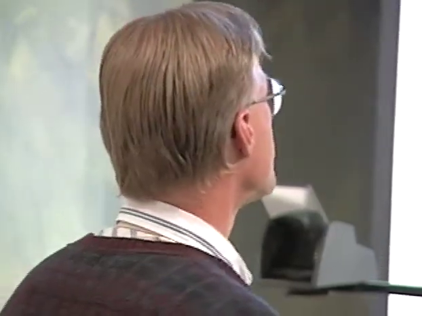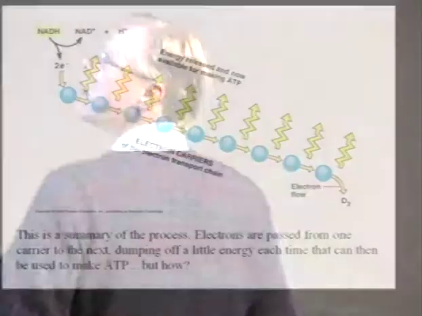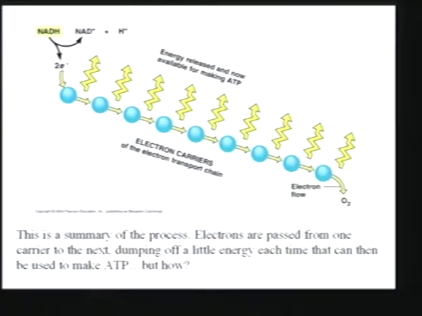Here's how it works. This is a diagrammatic summary of an electron transport chain. We have a high energy electron carrier up here, NADH. NADH participates in a redox reaction where this time NADH gets oxidized and the electrons get passed off to a carrier, typically a protein, in the mitochondrion.